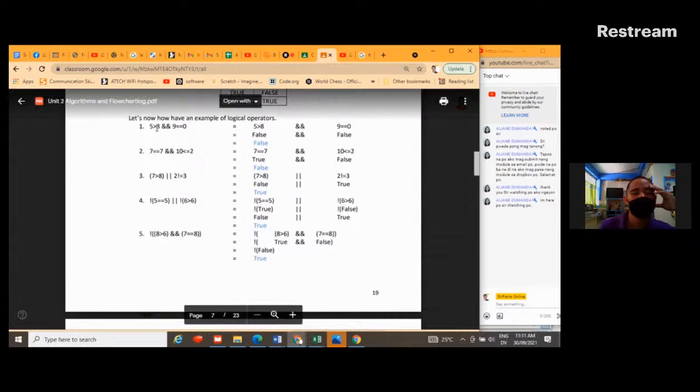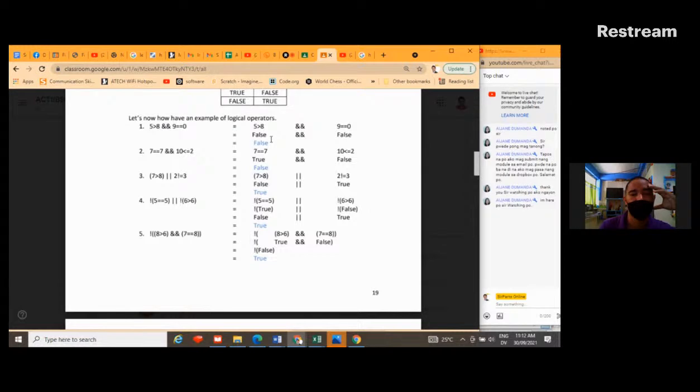5 is less than 8 and 9 is equal to 0. Sorry, 5 is greater than 8. This is false. And 9 is equal to 0 is also false. So false and false, the answer is false.